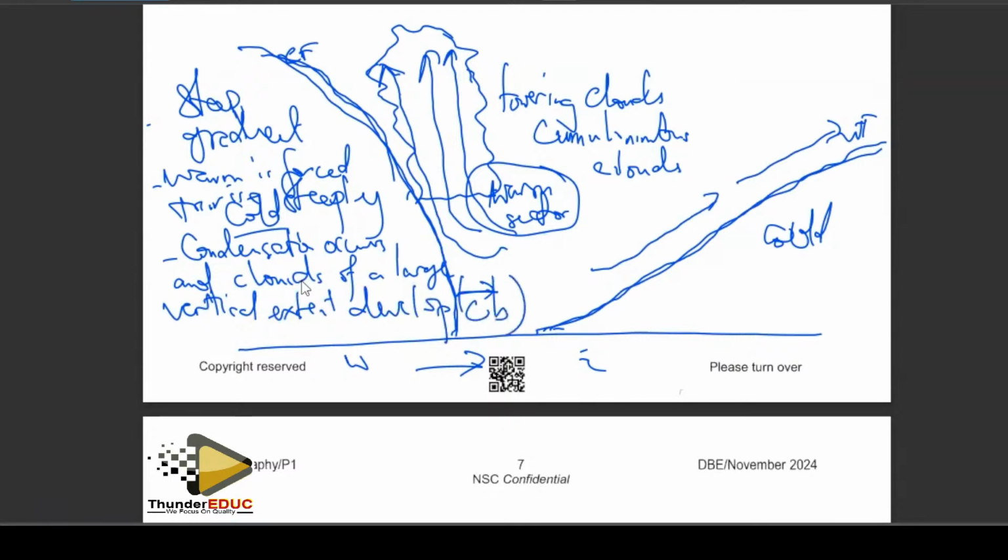So basically, you should explain the steepness of the cold front here, and its impact on the upliftment of the warm air. It is going to uplift the air almost vertically, which will also imply that the clouds which are going to form are going to have a large vertical extent. We are going to have towering clouds, very tall clouds forming on that part, which is a feature of the cumulonimbus clouds. Like if you can check on the sketch there, the cloud is towering.